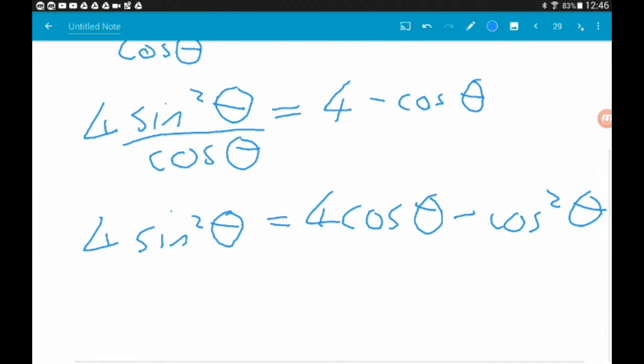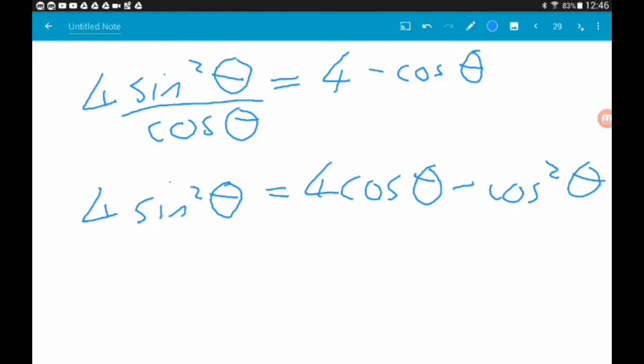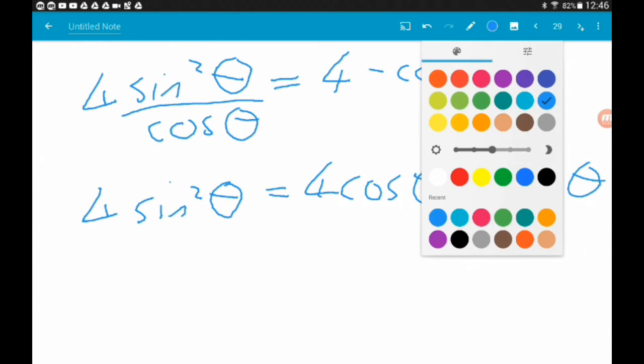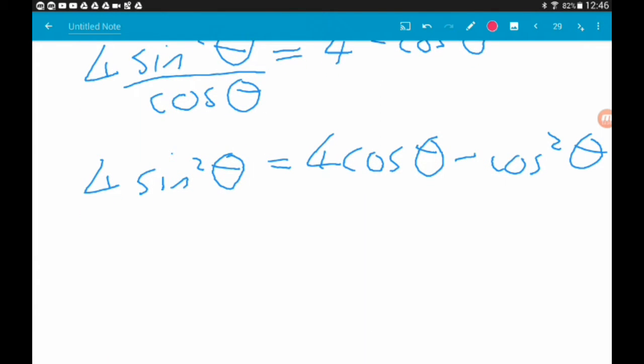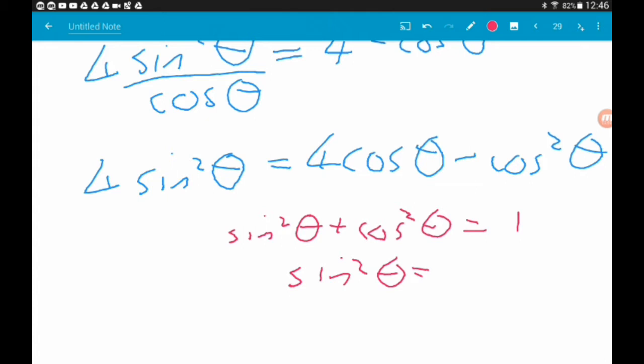Now we're going to want to turn sine squared of theta into something to do with cos squared theta. So remember, sine squared theta plus cos squared theta is equal to 1. So sine squared theta is 1 minus cos squared theta.